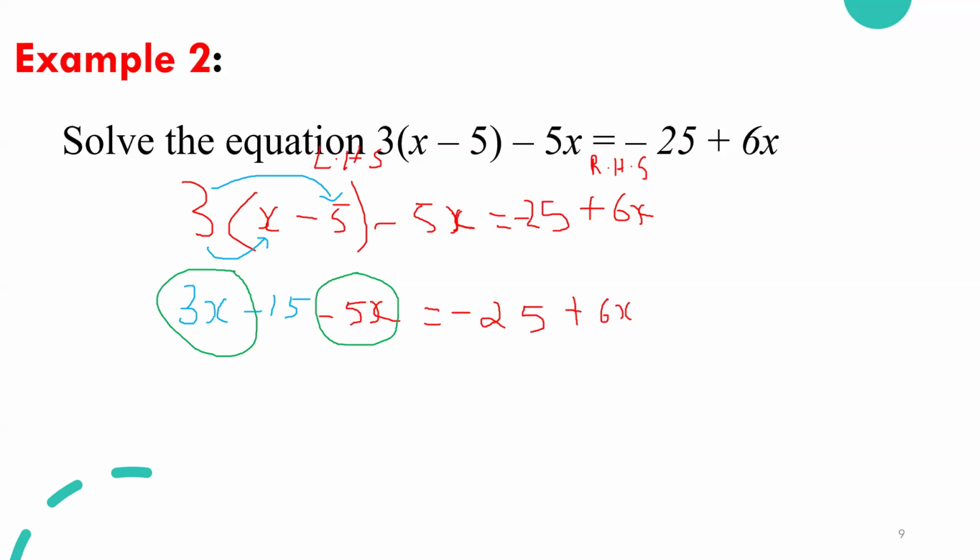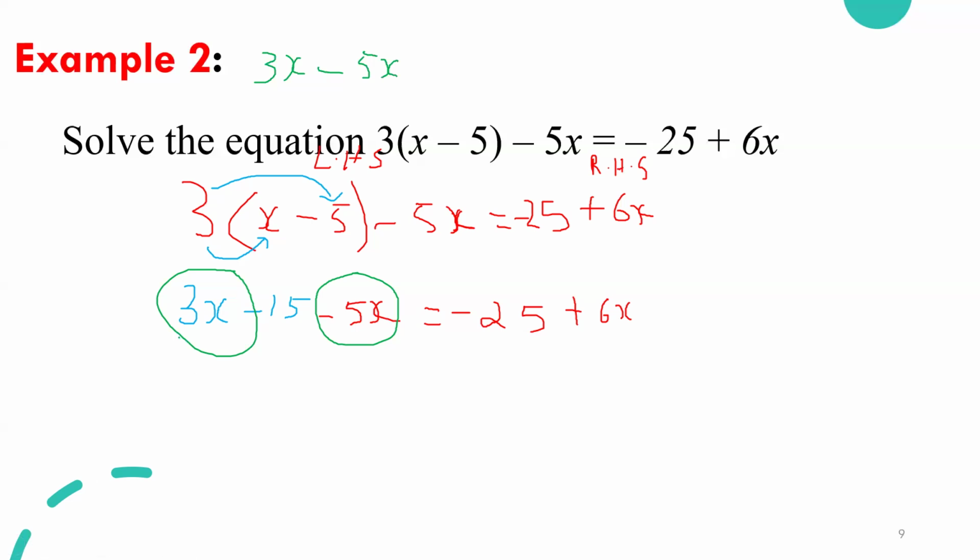So 3x minus 5x, let me just write it right here for you to see. Remember, when you rearrange it to combine your like terms, the sign goes with the term. So if you see a minus in front, you put it back. If it's a positive in front, you put it back.